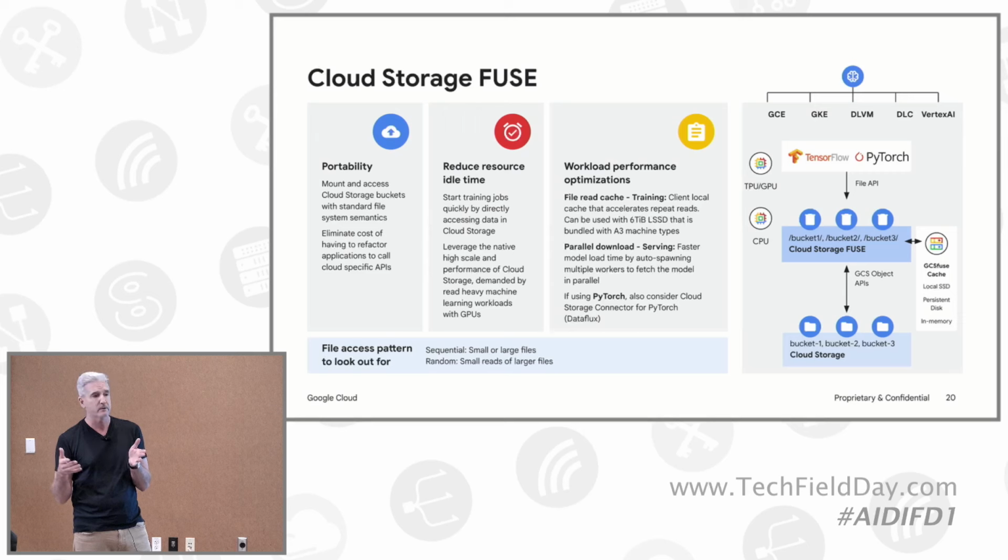I think on the H100s today, you can get 6 or 9 terabytes of SSD. So now there's a cache. So if you're doing multiple reads on the same data, we cache that data locally on the machine. The other thing that we've done is create parallel downloads, all just to speed up that performance for getting data from GCS onto the local host. So both of those things now have shipped.